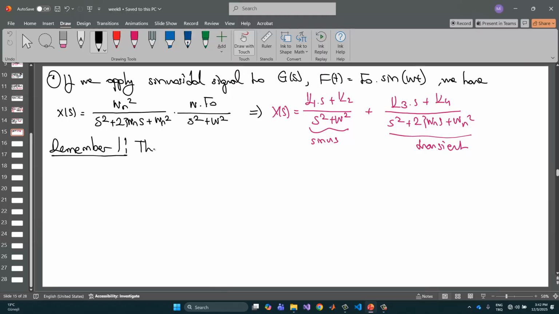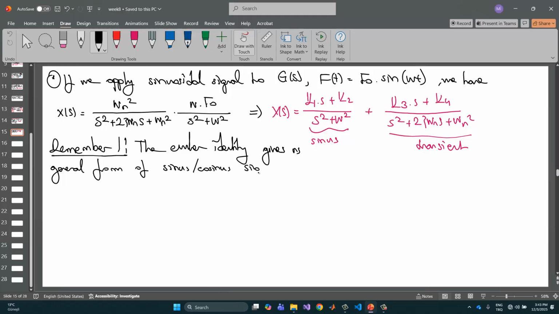The Euler identity gives us the general form of sinusoidal cosine signals, like this one.